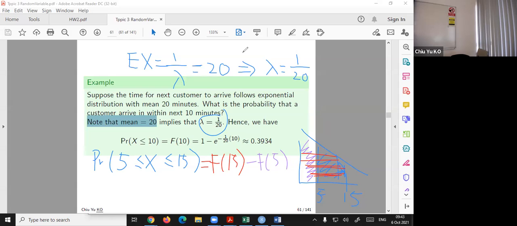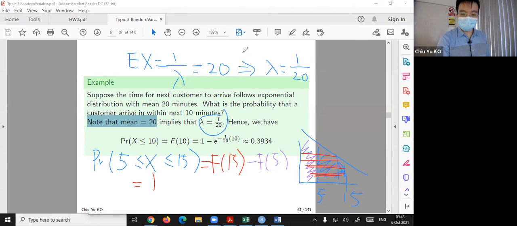Okay, just to repeat, you want to have the area between 5 and 15, right? Under this curve, which is this blue area. But we don't know how to do integration, so we take a shortcut. Okay, we know everything to the left. Everything to the left of 5 is the purple one. Everything to the left of 15 is the red one. Okay, so we know the answer.